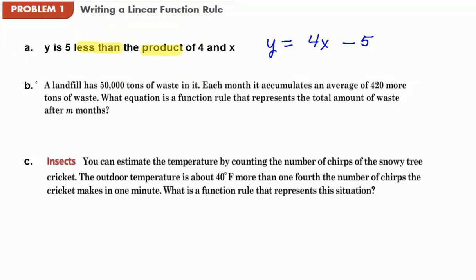Okay, now for B. The landfill has 50,000 tons of waste in it. Each month, it accumulates an average of 420 more tons of waste. What equation is a function rule that represents the total amount of waste after m months? Okay, so let's look at some important things.